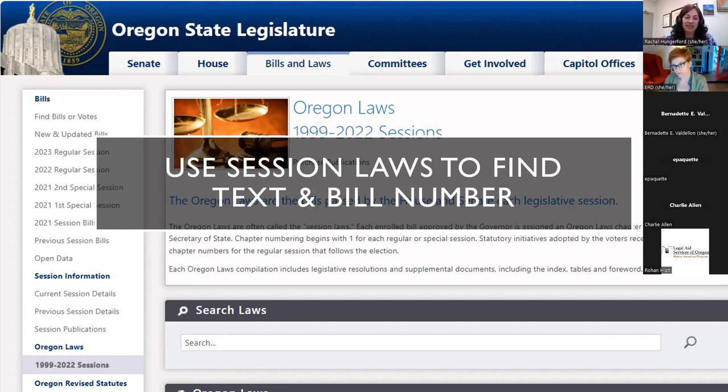If you're looking at either older statutory text or just one where you don't know much about how it came to be enacted, then these initial steps are going to be critical for where you even start. And you're going to start by using the session laws to find exactly when, again, the text you're looking at was enacted and what was the bill number for that session.